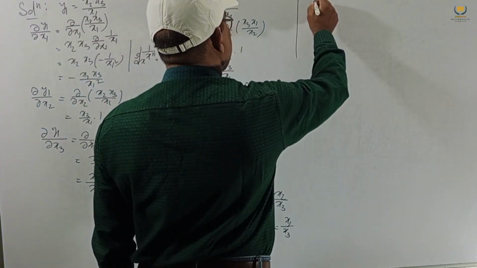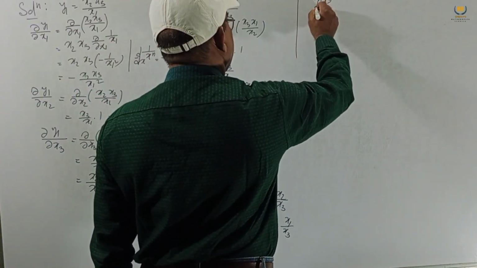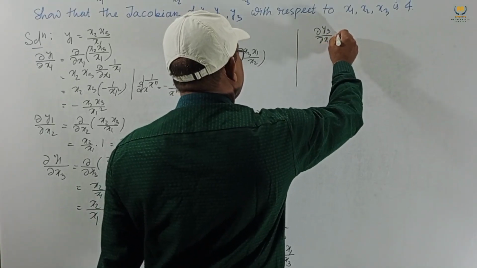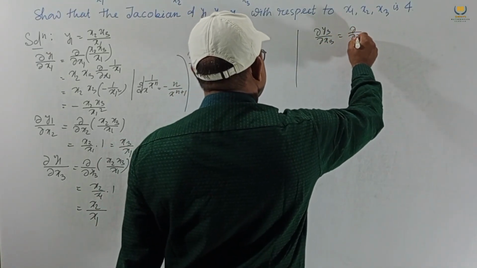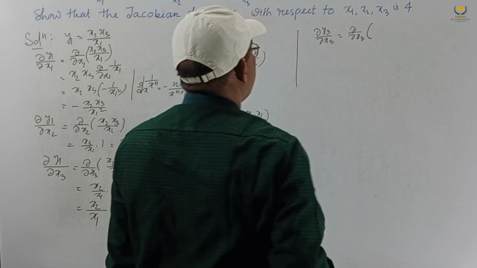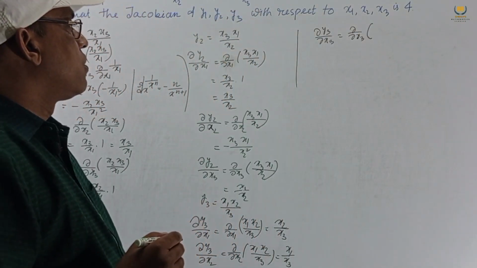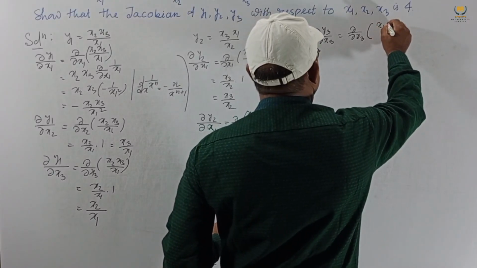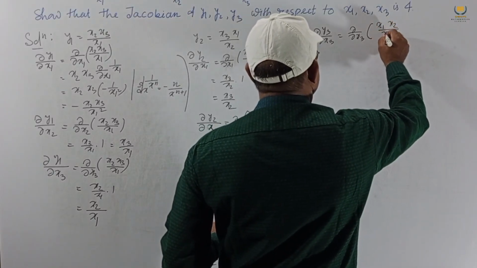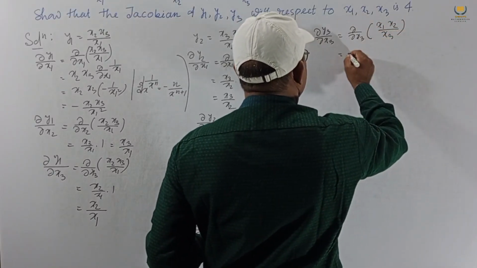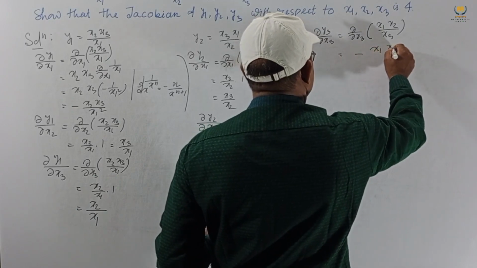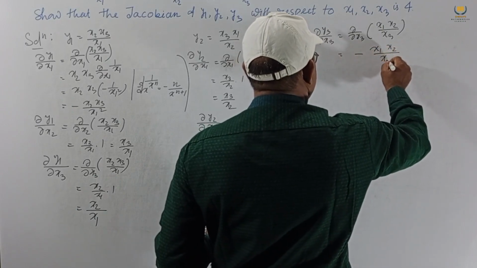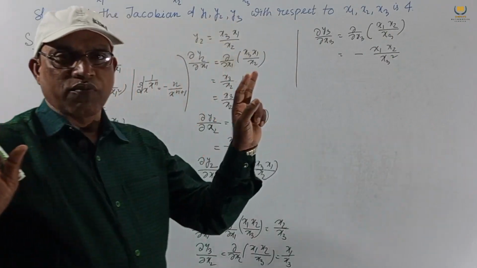Now we get del y3 by del x3, del x3 into y3. y3 means x1 x2 by x3, and this result will be minus x1 x2 by x3 whole square. We get all of this.